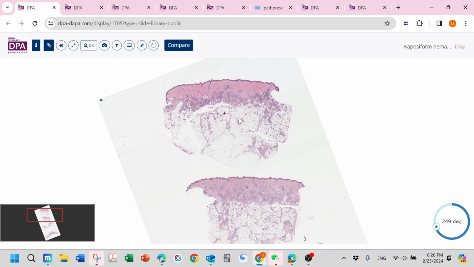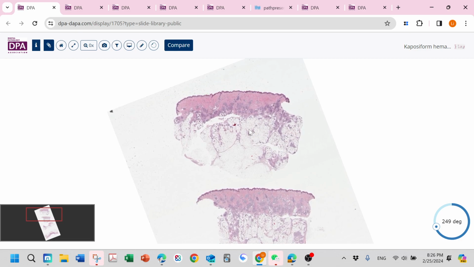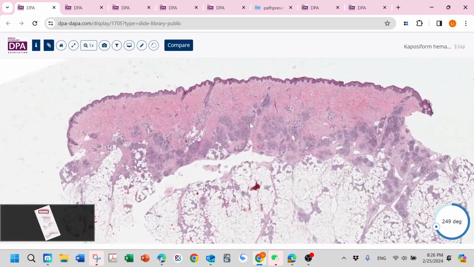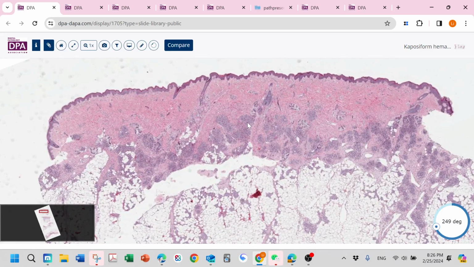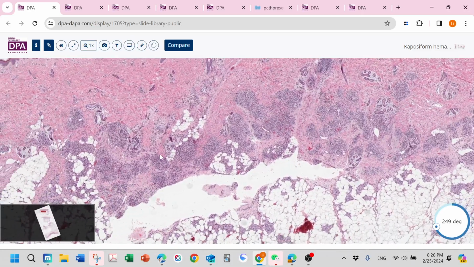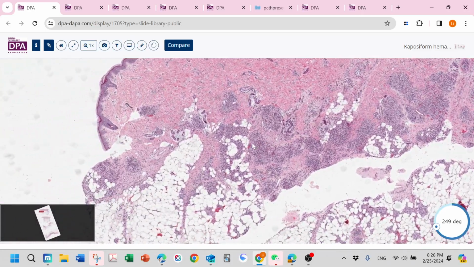Sometimes it may be really difficult to tell the difference from Kaposi sarcoma if you don't pay attention to some small changes.